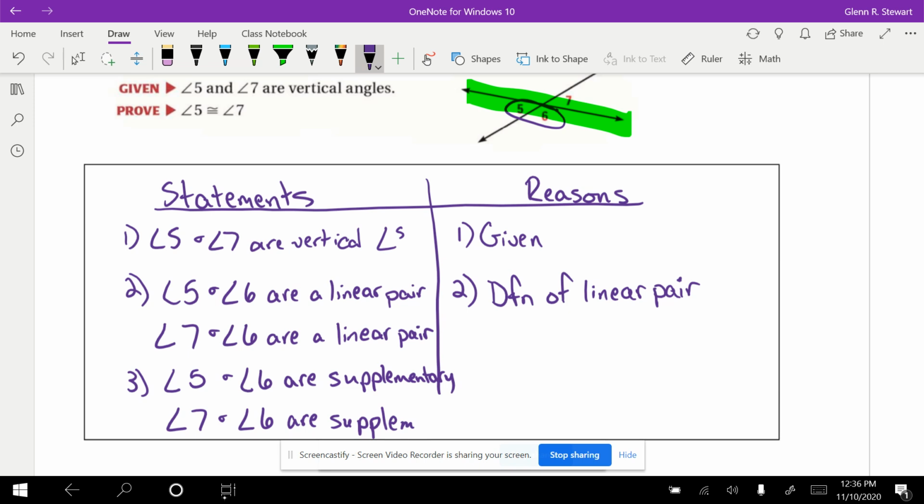Supplementary is literally just a loose definition of a linear pair. Supplementary angles equal 180 degrees, as do linear pairs. Supplementary angles do not have to be beside each other. Linear pairs do. So on step 3, this is our linear pair postulate.